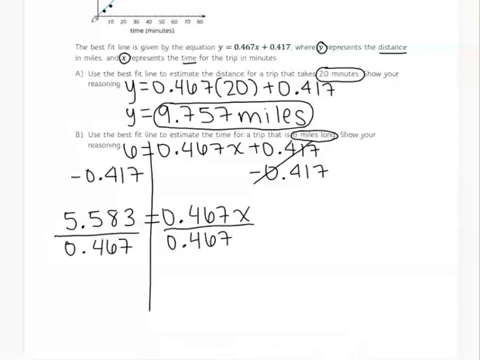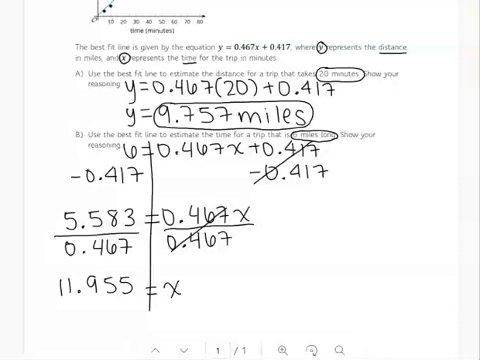On the right side of the equation, 0.467x divided by 0.467 leaves me with just x. And 5.583 divided by 0.467 is definitely something I would put in a calculator. And when I do put this in the calculator, I get approximately 11.955.